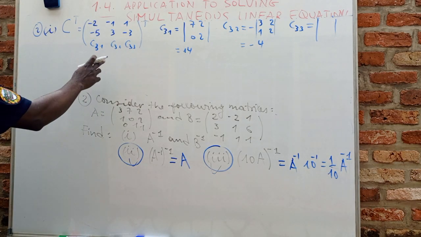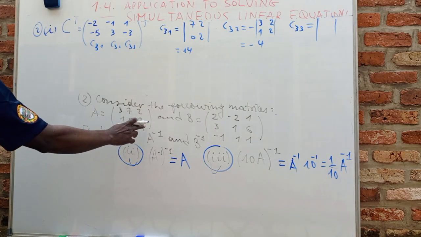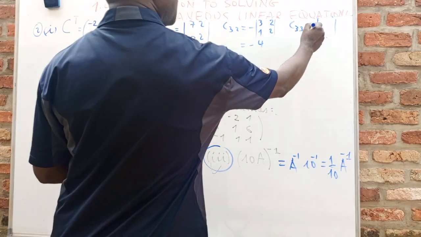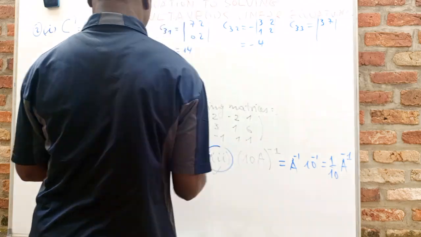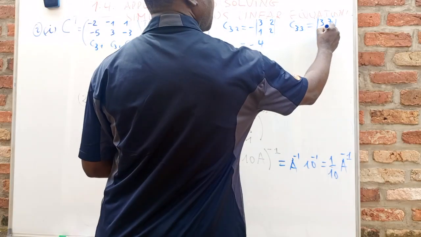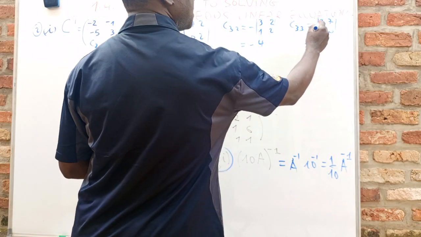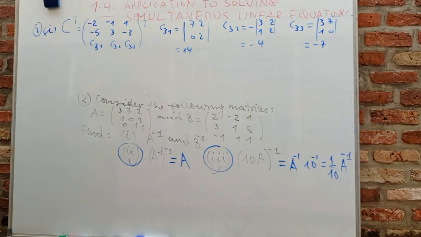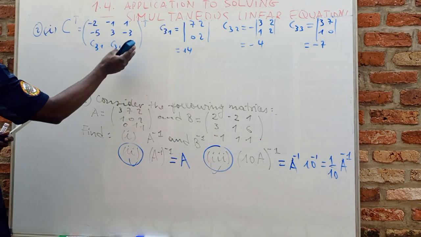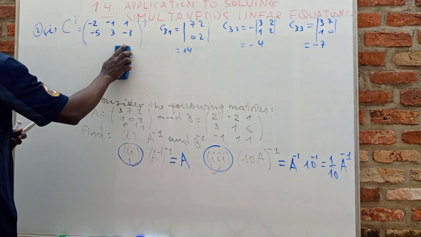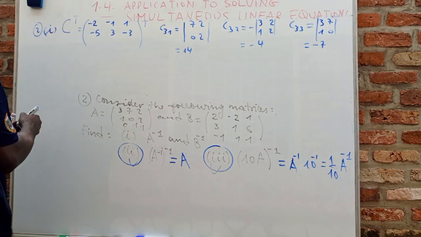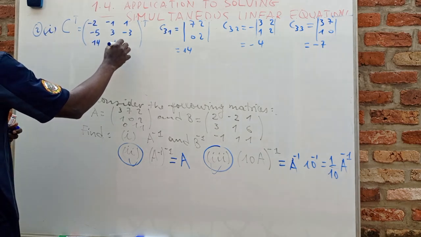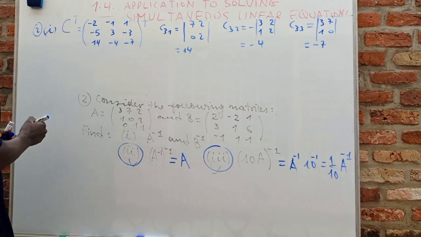I remove this column and this row, third column, third row, and I'm left with 3, 7 and 1, 0. The result is negative 7. Okay, so I replace this row by 14, negative 4, and negative 7.